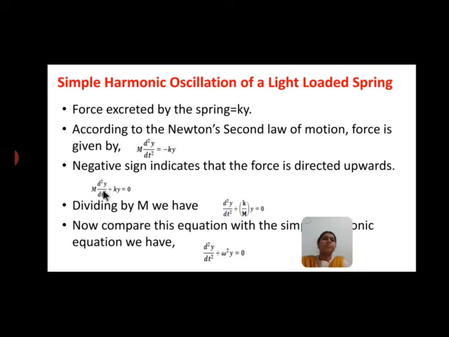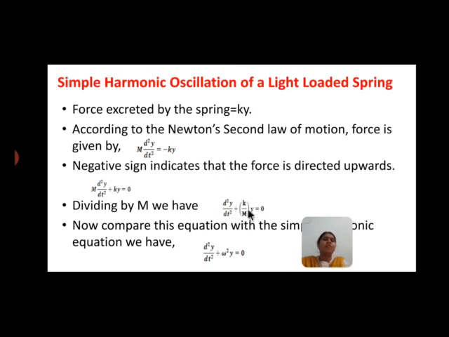Dividing by m, we get d square y by dt square plus k by m y is equal to 0.